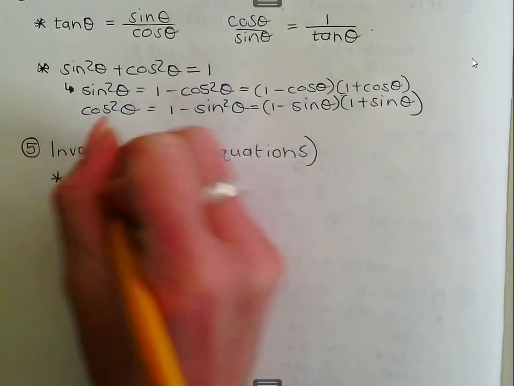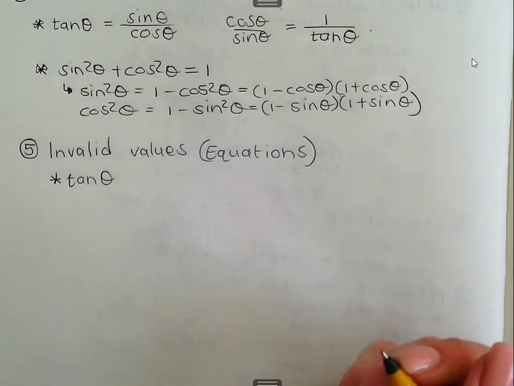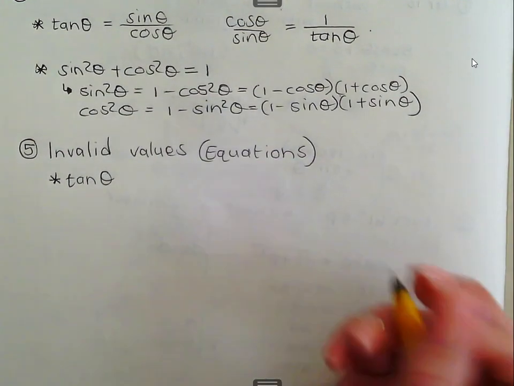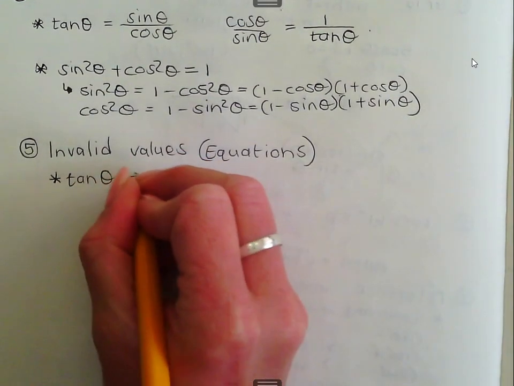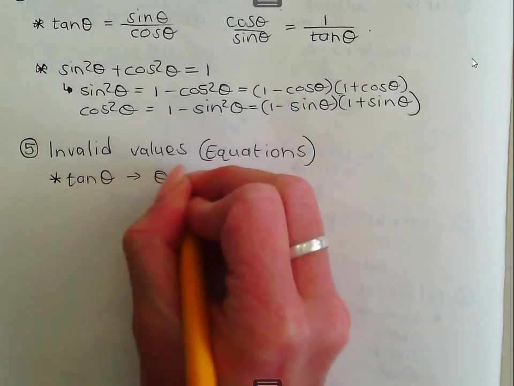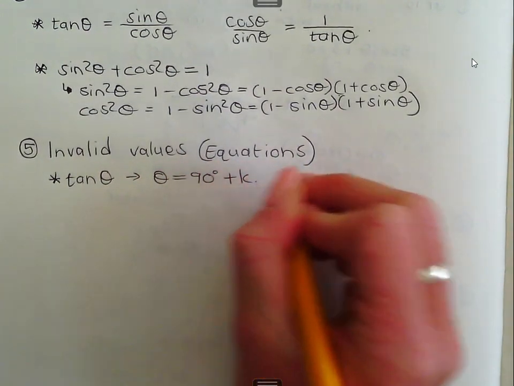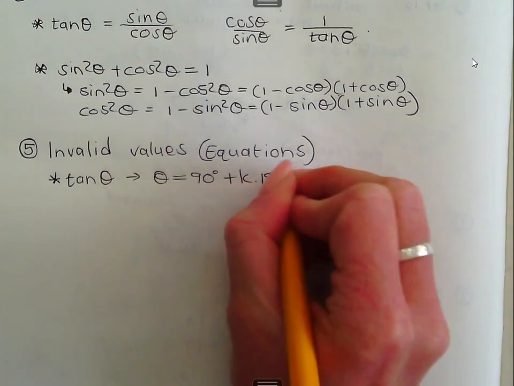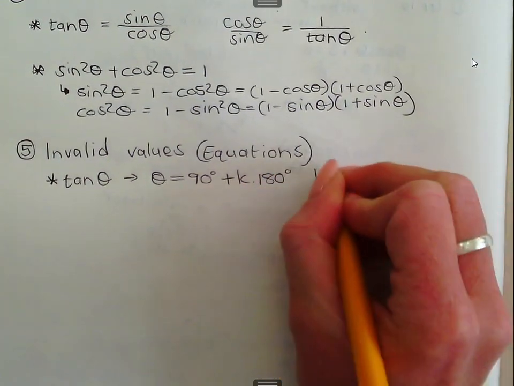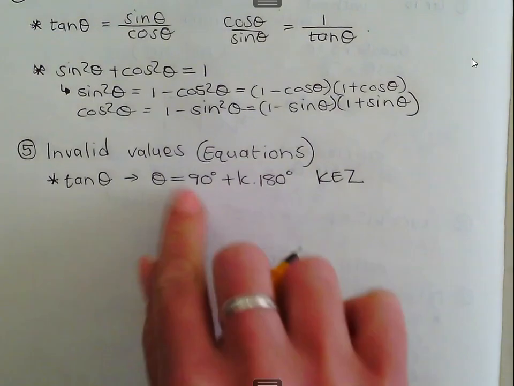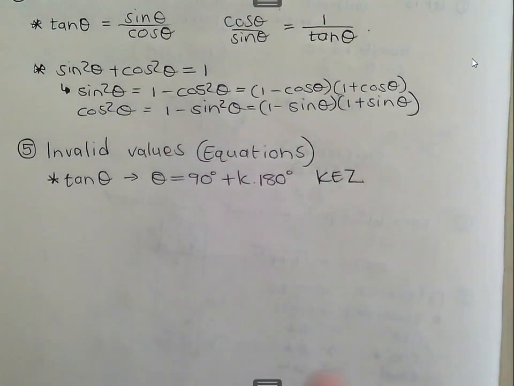If you see a tan in your equation, you're going to say because of tan theta, theta is equal to 90 degrees plus k times 180, k an element of Z. So these are the values that will give an invalid value.